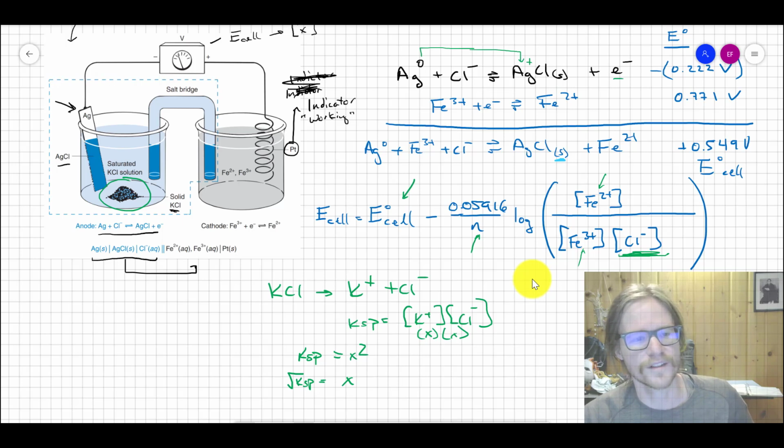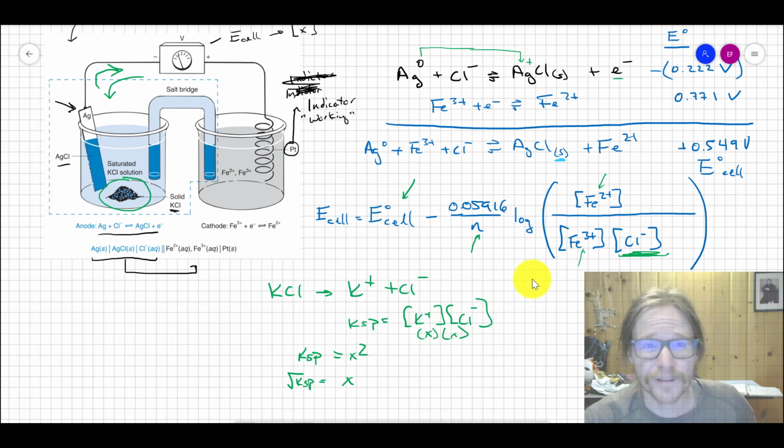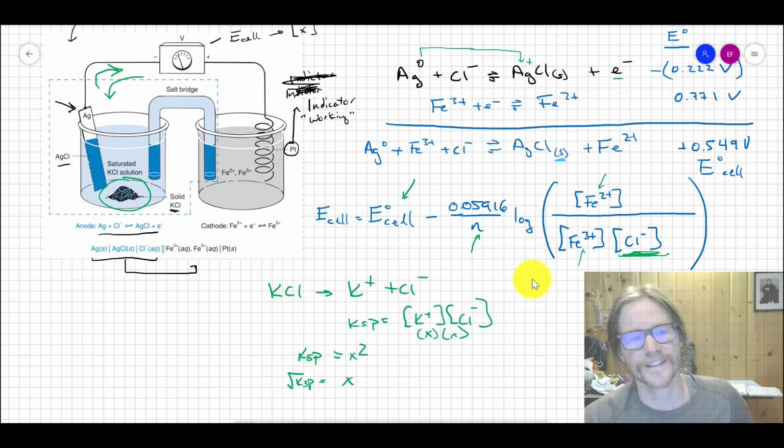No matter what we do to this system, if we allow this reaction to proceed in this direction or we force it to proceed in the opposite direction, it doesn't matter. The chloride concentration is fixed by design. And that's because this is a carefully designed potentiometric cell. Look at what our Nernst equation is.